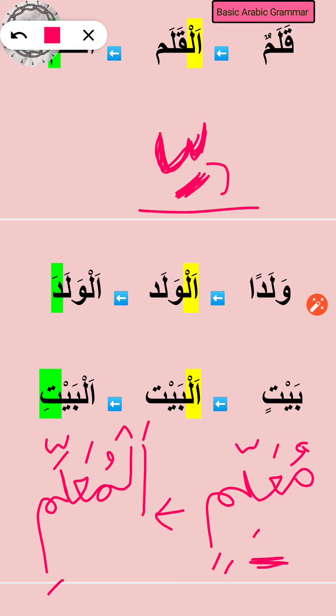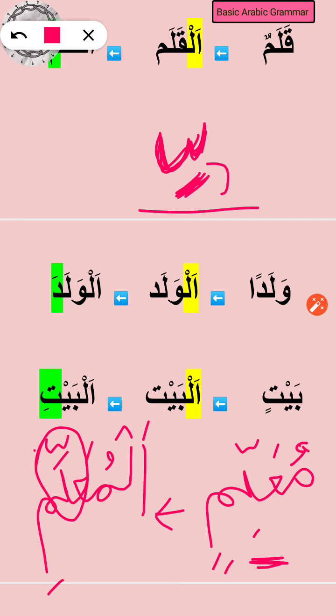So this is muallimin, and in some scripts you'll find this thing. You'll find that there is this kasra which is above the letter but below the tashdid. So this also means that this is a kasra. Don't mistake it for your fatha.